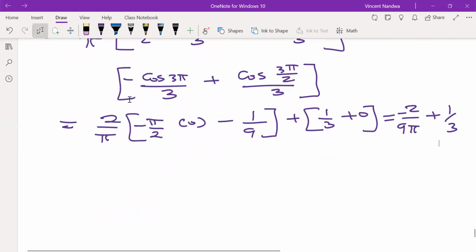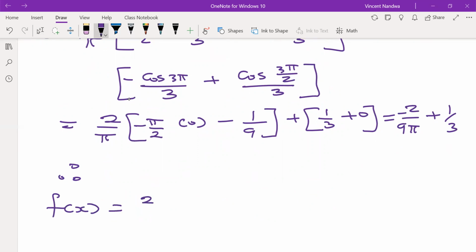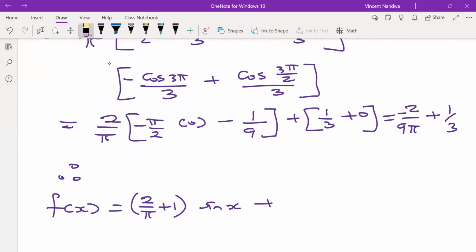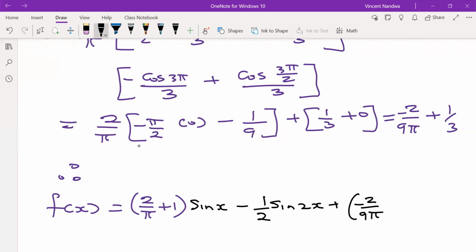Therefore now we can write the Fourier series as f of x is given by b1, which is 2 over pi plus 1, times sine of x, plus b2, which is minus a half, so it will have a negative sign, then plus b3, which is minus 2 over 9 pi plus a third, times sine of 3x, plus other terms which you can find in a similar fashion.